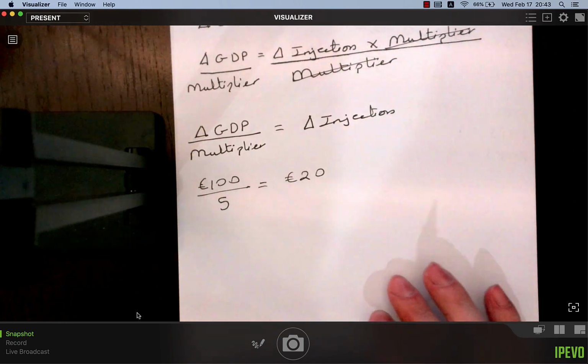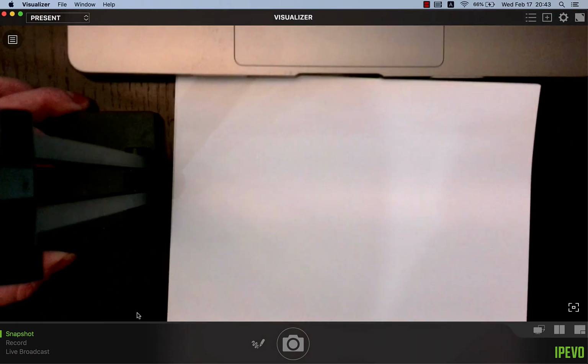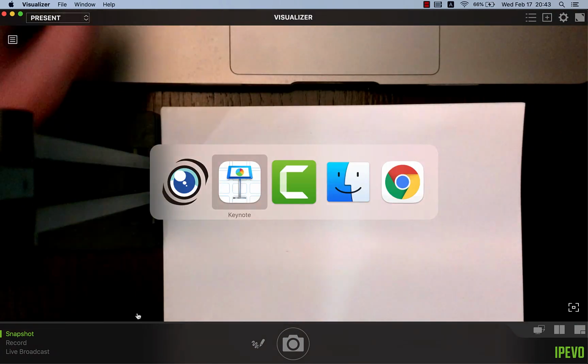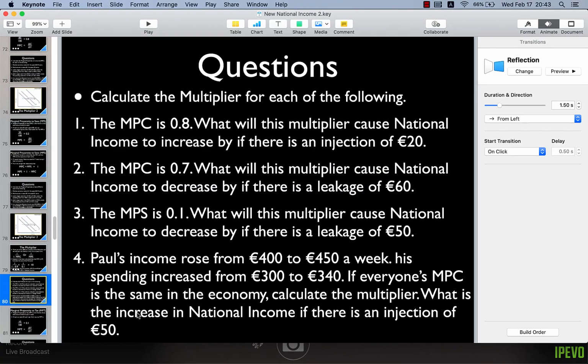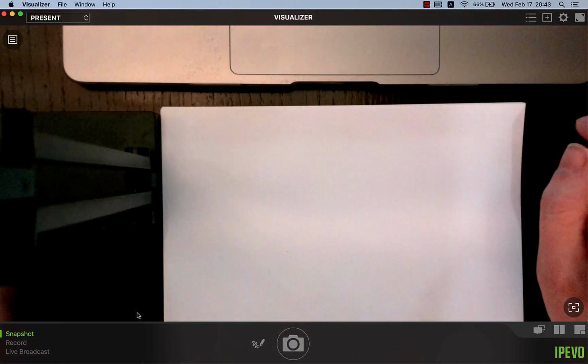All right? Now, let's get rid of that one and let's go back up here with the camera. The MPC is 0.7. What will this multiplier cause national income to decrease by if there is a leakage of 60? Very important, okay?